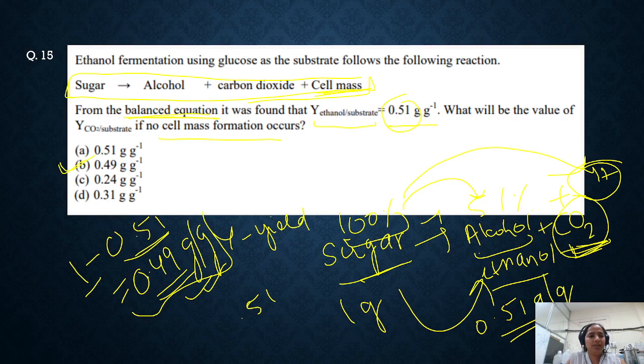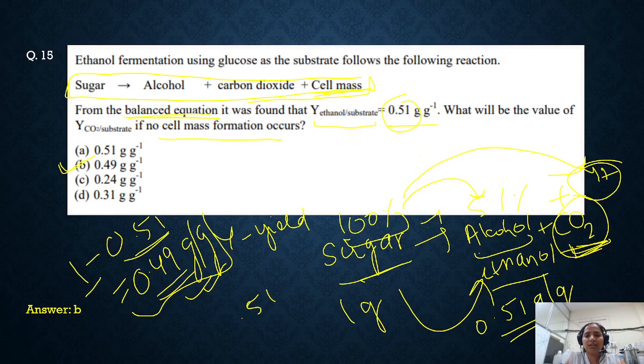Okay, so the answer to this question is B. And this is the last question for today's session. If you have any doubt, then please let me know. We can discuss the question again.